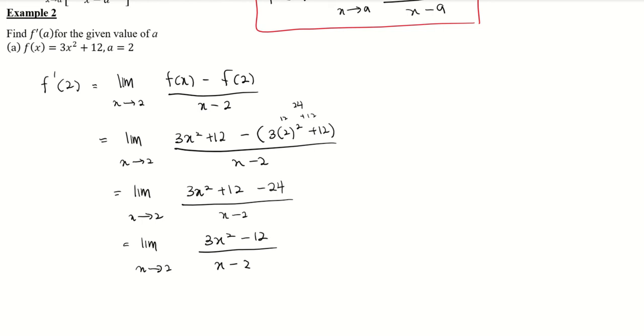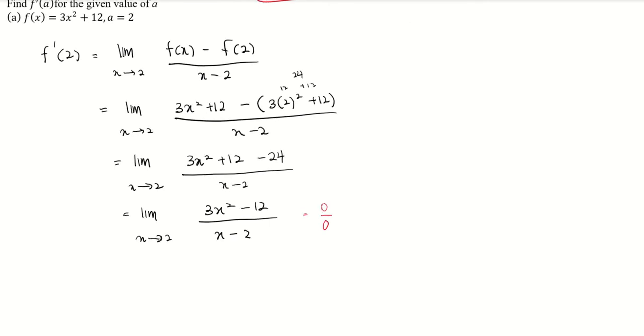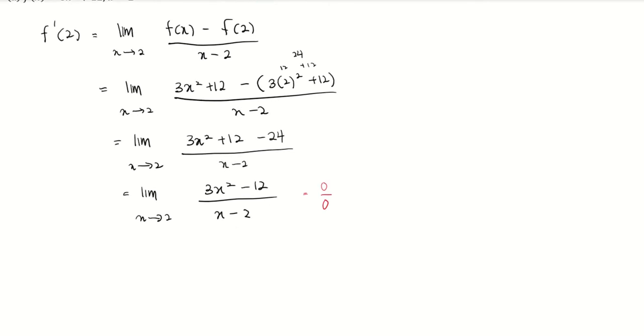If we substitute x equals 2 directly into this function, we get 0 over 0. So that means we're going to factorize first. We can factorize the numerator. I factorize 3 out first, so it becomes 3 times x squared minus 4.